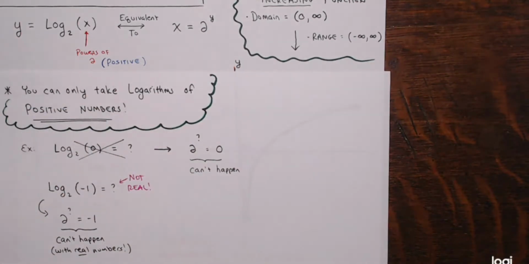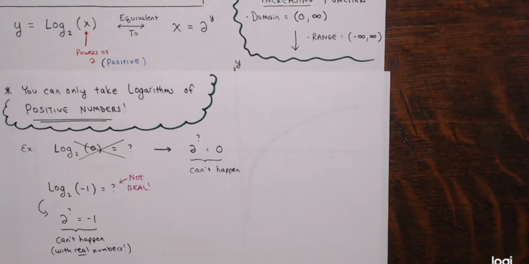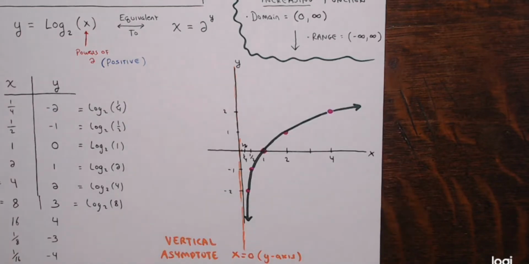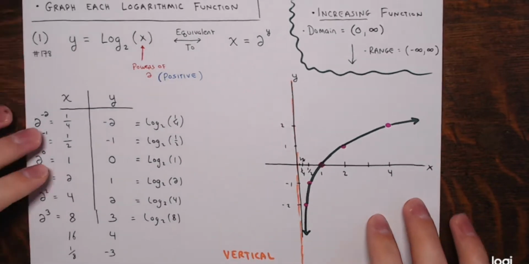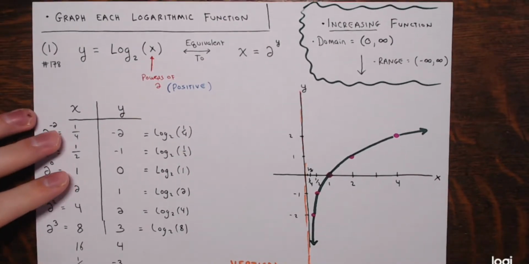I want the outputs to be real as well for these logarithmic functions. So the numbers I plug in can only be positive numbers. All right. Great. And now also let me show you this graph on that free online graphing calculator at desmos.com.